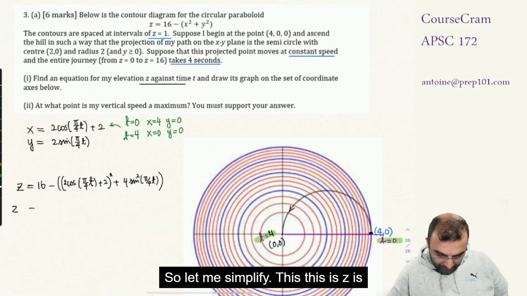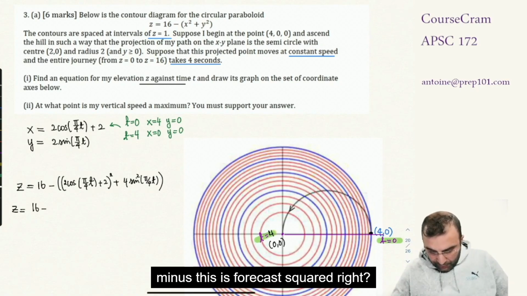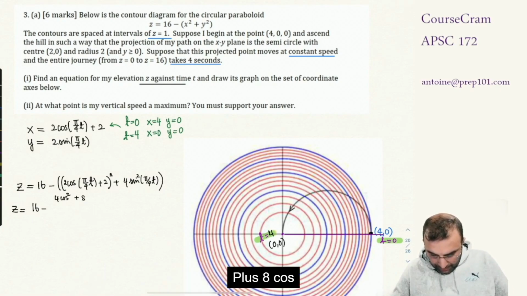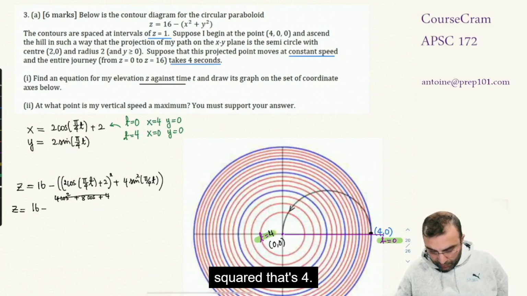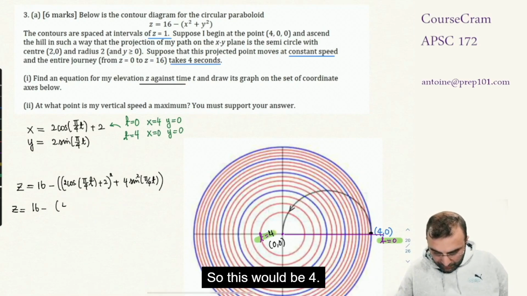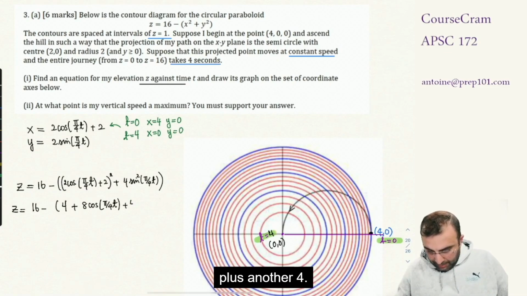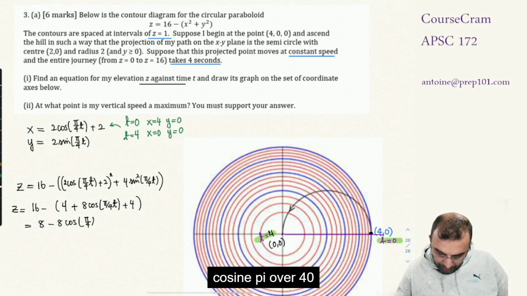This is z equals 16 minus, this is 4 cos squared plus 8 cos plus 4. And then 4 cos squared plus 4 sine squared, that's 4. So this would be 4 plus 8 cosine pi over 4t plus another 4. 16 minus 8 is 8, minus 8 cosine pi over 4t.